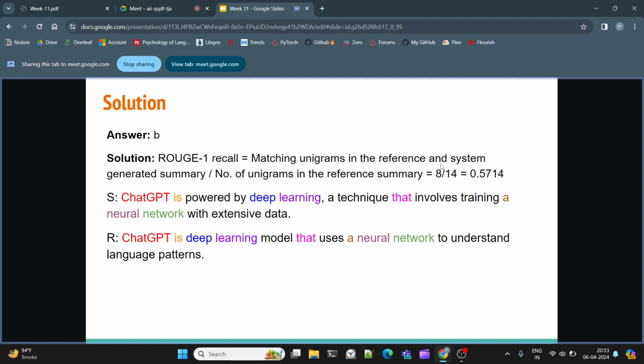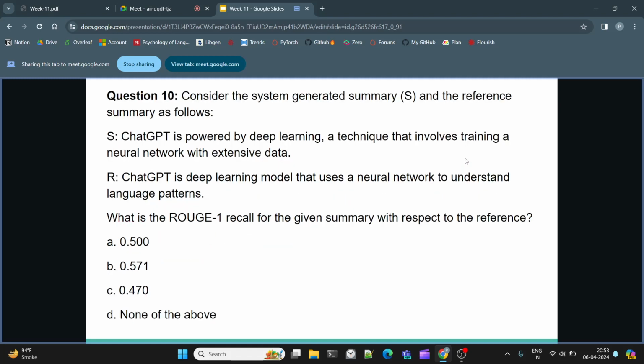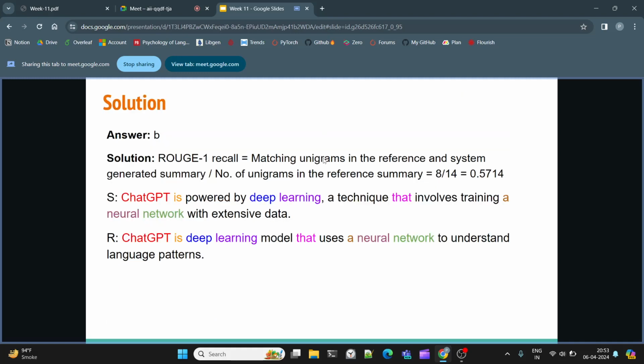Let's see how. Let's take the denominator first: the number of unigrams in the reference summary. It's 1, 2, 3, 4, 5, 6, 7, 8, 9, 10, 11, 12, 13, 14. So there are 14 words and that makes 14 unigrams. That gives us a denominator of 14. The 8 on top is the number of matching unigrams between the system and the reference summary.